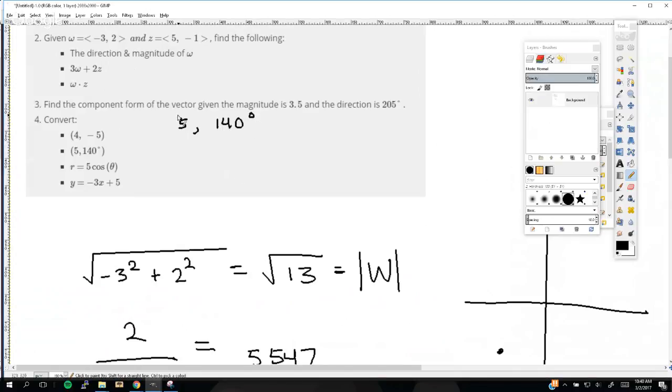So we have 5 and 140 degrees. And this is the one where you just do r cosine of the angle, right? Yeah.